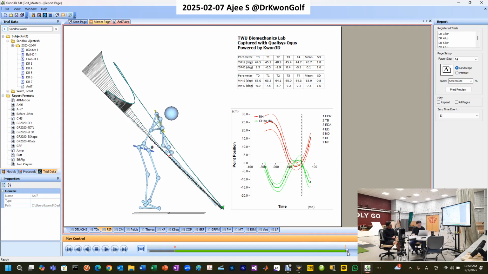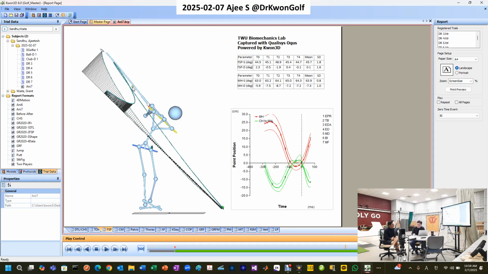The planar motion. But then you see in the follow-through, your hands start moving up. You have a flipping motion here, and the clubhead goes quite high above the swing plane.